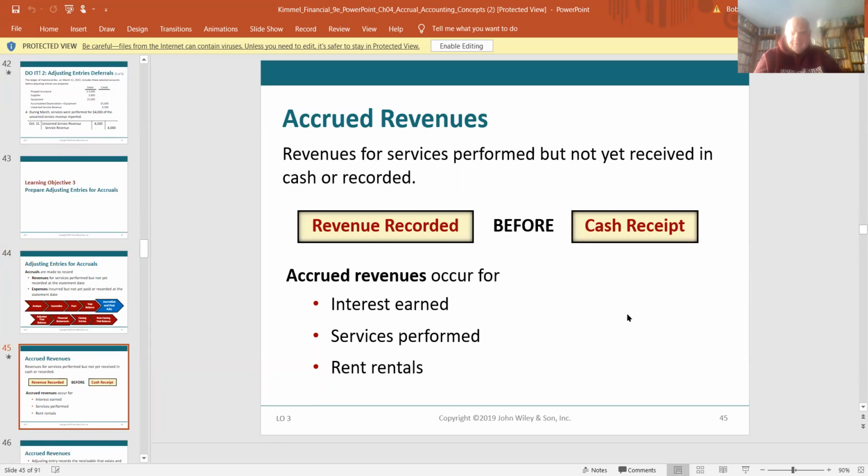And they pay us interest once a year. They just pay it at the beginning of the new year for the prior year. We have to accrue that revenue. That's money that belongs to us. So we are going to debit interest receivable and credit interest income or interest revenue of some kind.